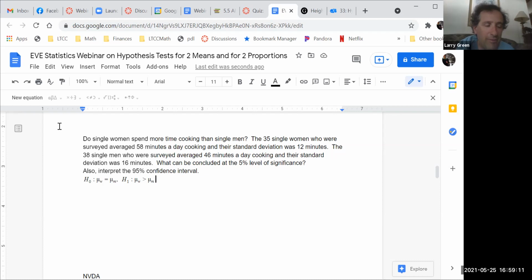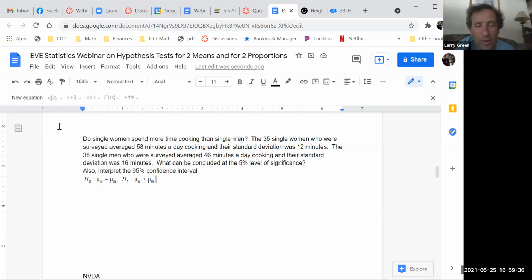Nowhere does it imply any kind of pairing up between these men and women. Do you agree with that from reading the question? So what we say is they're independent of each other. This is an independent hypothesis test, or a hypothesis test for independent means.